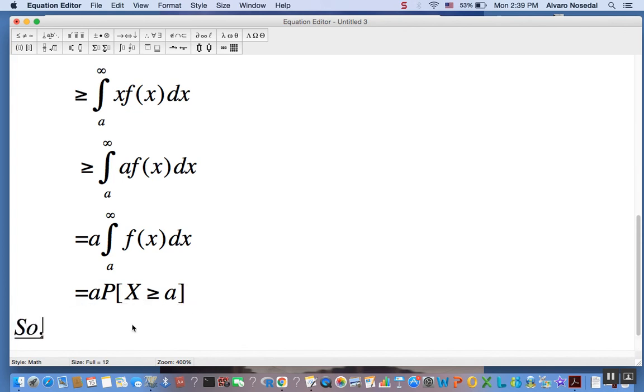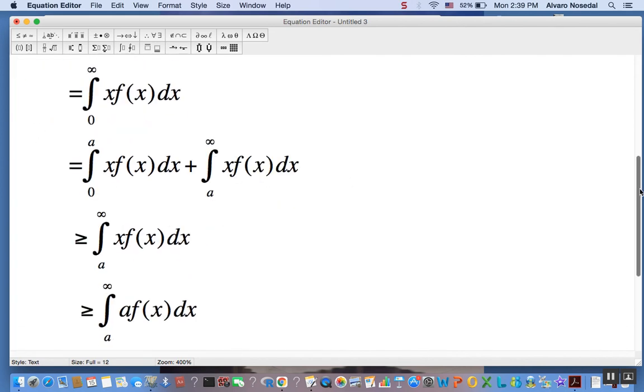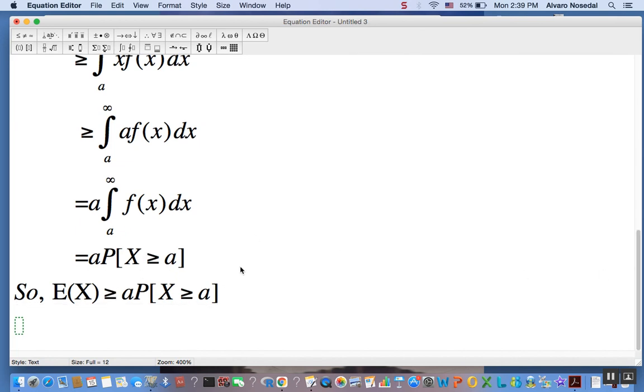So let me rewrite that. The expected value of X is greater or equal, that's what we showed here, expected value greater or equal to this.